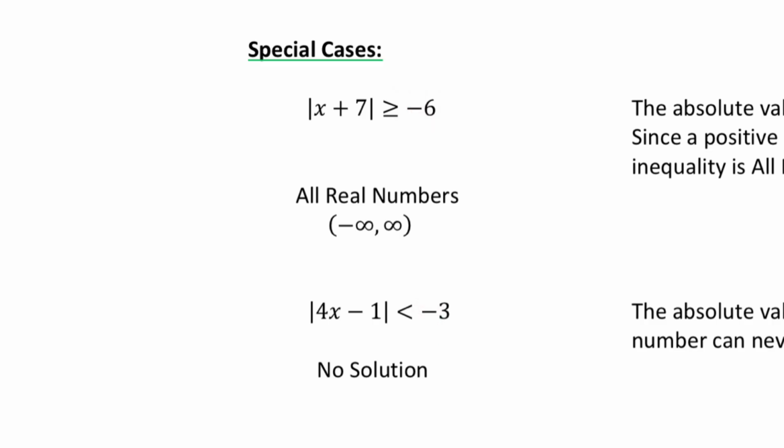You probably remember from last section, if I had the absolute value of anything equaled a negative number, we would have said no solution. The difference here is that this represents an infinite number of answers.